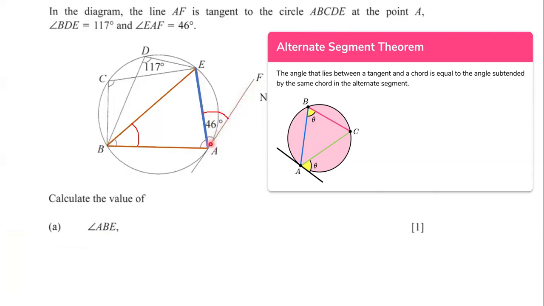And we know that the angle between the tangent line and the chord is going to be equal to the angle in the alternate segment that is subtended by the same chord. And we know that this angle is subtended by this blue chord because the legs of this angle rest on this blue chord. And so that means that if this is 46 degrees, this angle must also be 46 degrees, because these two angles are equal according to the alternate segment theorem.